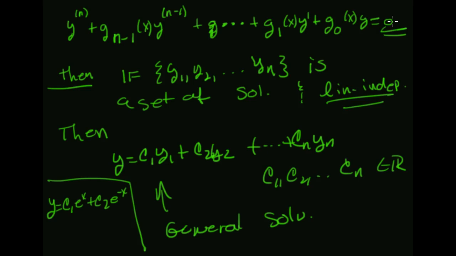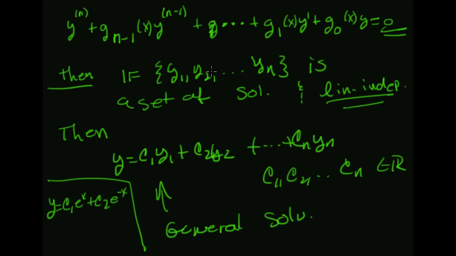We're not getting into how to find the particular solutions. We do have a way, though, of determining whether or not this set of solutions is in fact linearly independent.